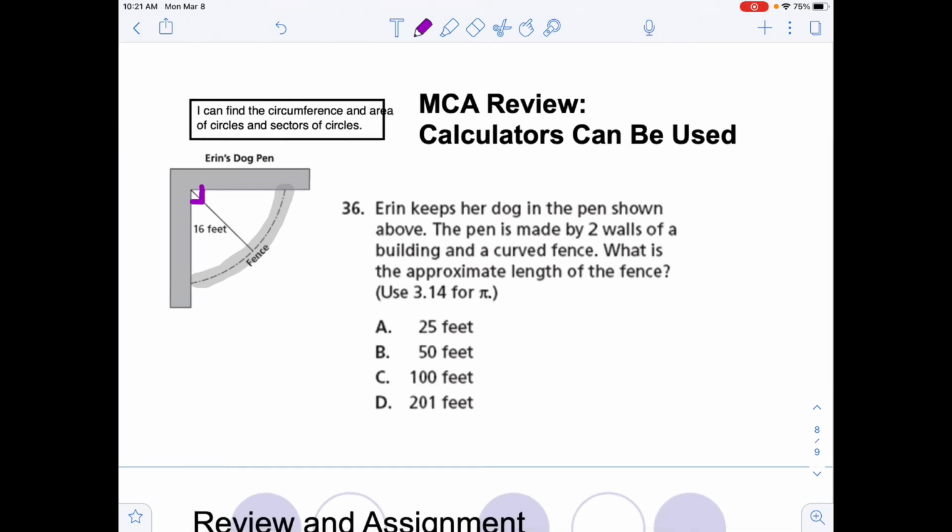So I'm going to write my formula of circumference equals pi times diameter, and I'm using 3.14 for pi. I'm going to find the full circumference first, and then divide that by 4.